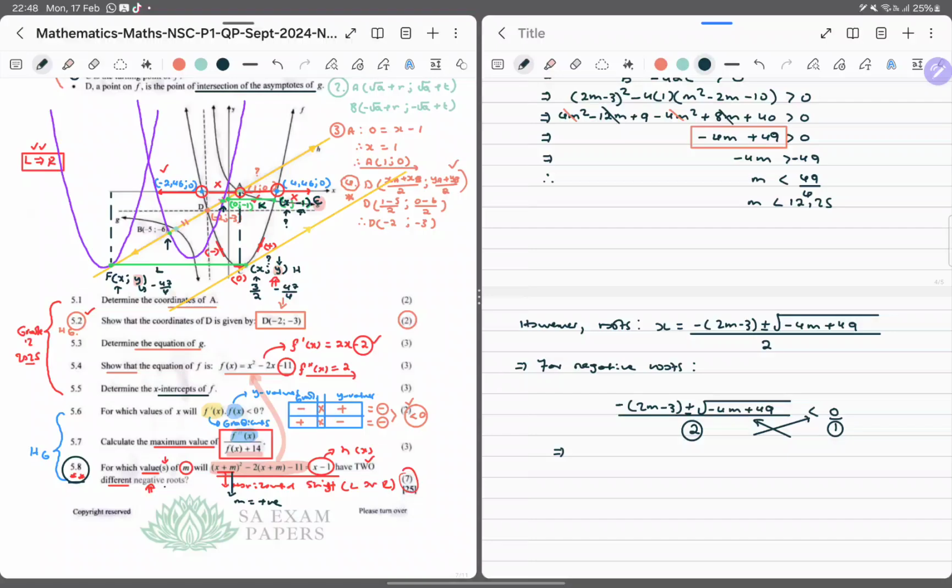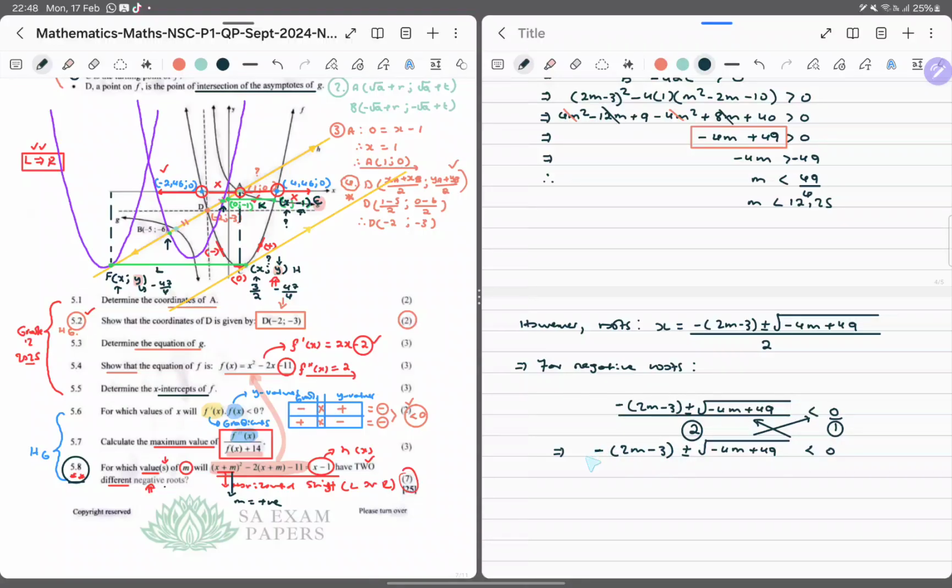So this implies that we've got minus 2m minus 3 plus or minus the square root, because this multiplied by 1 is just going to be itself, all over, it's not over anything now. The sign still remains. 2 times 0 is 0. Can you see?